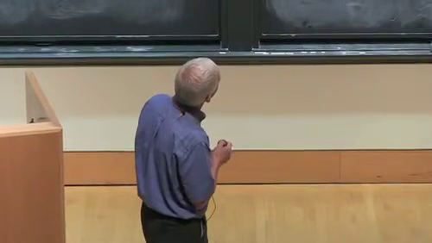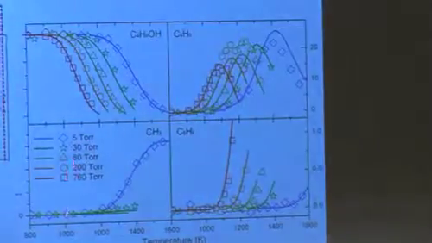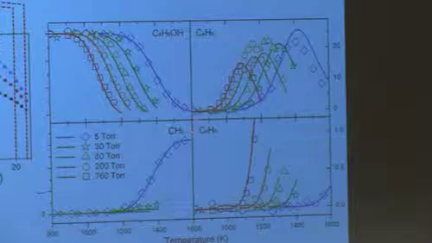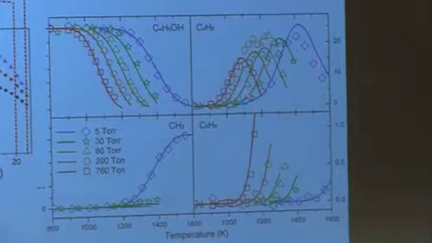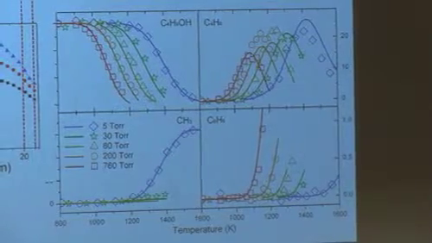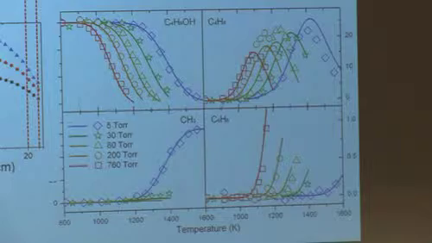And so these are the concentrations of the various species. So these were experiments on butanol. So there's the butanol varying depending upon pressure and temperature. Here's butene, which is formed and then decays away. And here's the methyl radical. At low pressures, they can detect radicals in this system as well.